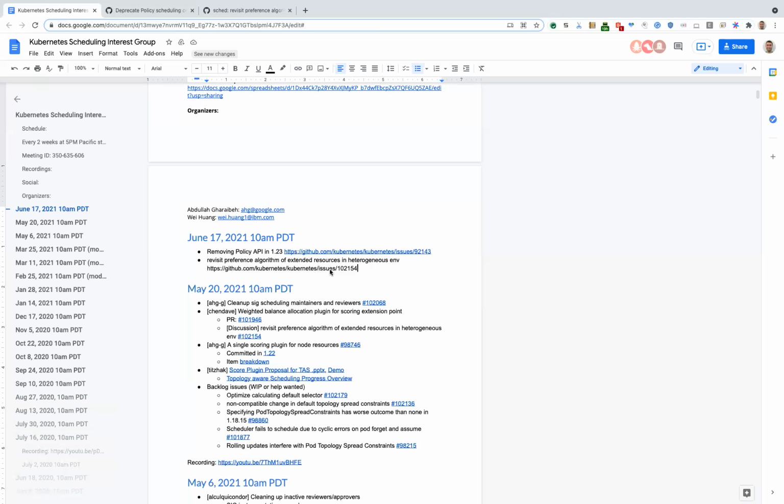Or if we feel that this plugin doesn't belong in core, because it's too niche or too specific to a specific use case, you can implement it outside. There is a repo, and if you still want it to be open source, you can have it there. We have an external repo to host these plugins. Then what you need to do is build your own scheduler to link in that plugin.